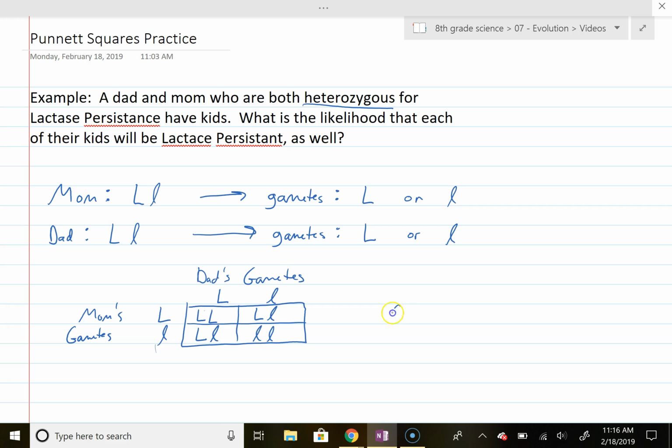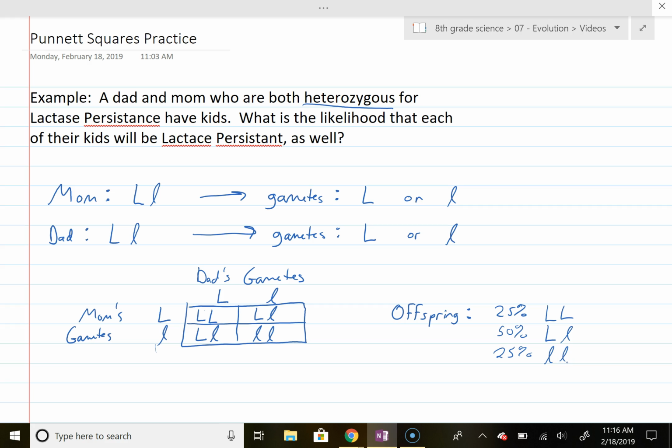So our offspring possibilities: 25% of them are going to be big L, big L, 1 out of 4. 50% are going to be big L, little l, and 25% are going to be little l, little l.